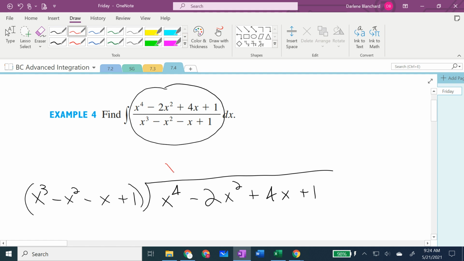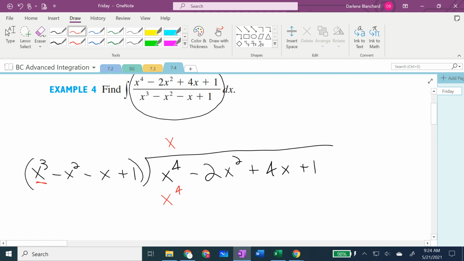So then I need to multiply by x so that x cubed times x gives me the x to the 4th. But I have to distribute the x through all the terms. So that gives me minus x cubed minus x squared and plus x. And I'm subtracting that.